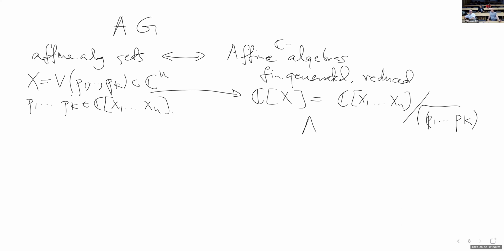And then there's the way back. If you have an algebra, then you go back to an affine algebraic set by a construction called Spec M, the maximal spectrum of A. I'm confused by the notation. Will you multiply out these polynomials? No, commas. They are generated by those polynomials.